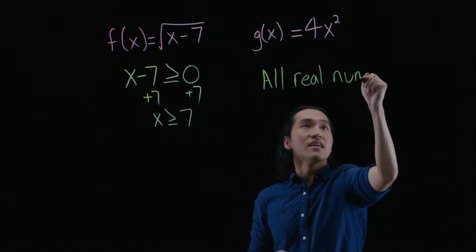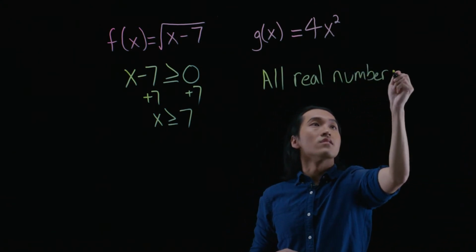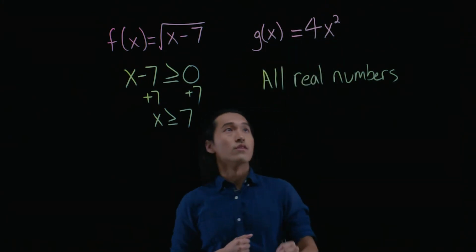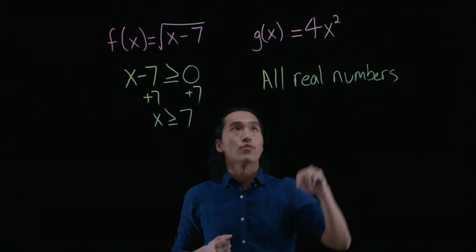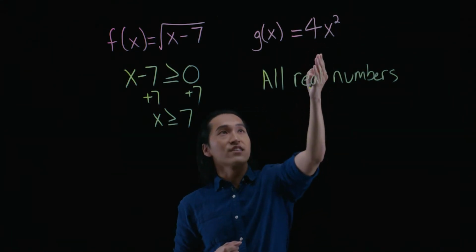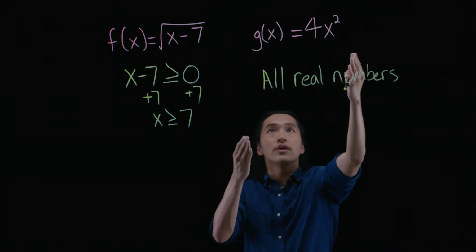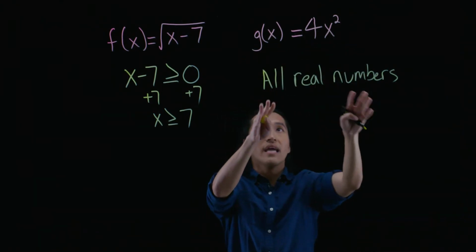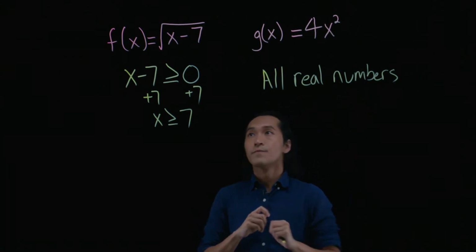We can plug in a 0. 0 squared is 0 times 4 is 0. We can plug in 100, a negative number, fractions, decimals. Everything and anything in between would make this equation valid. So the domain for this function is all real numbers.